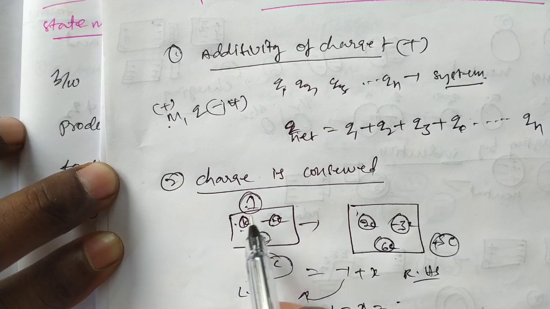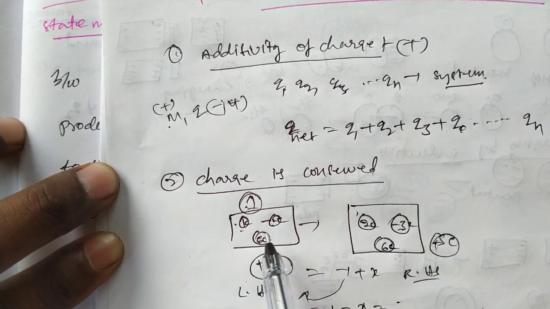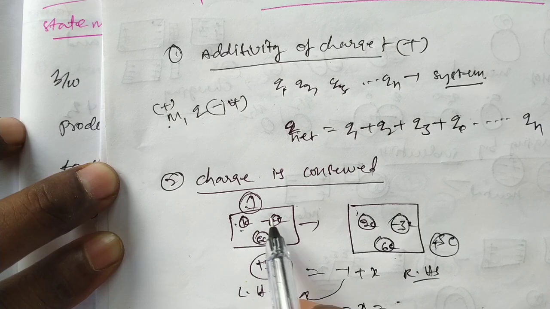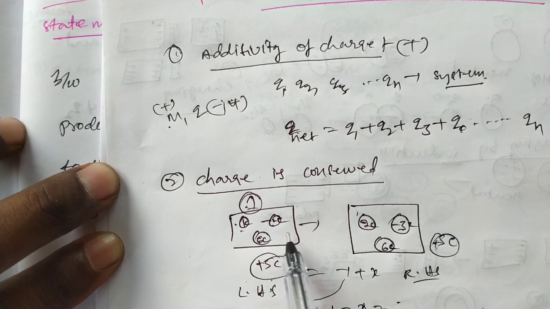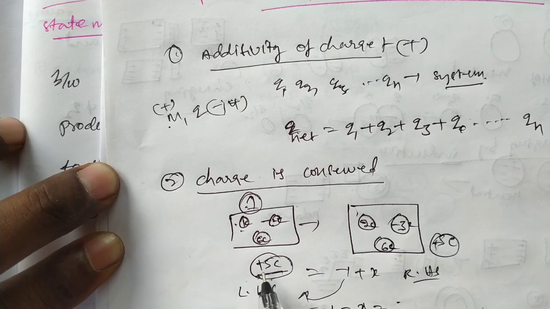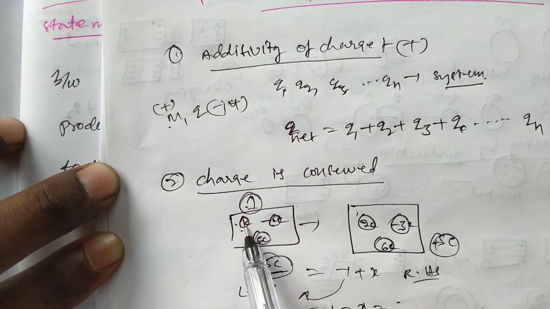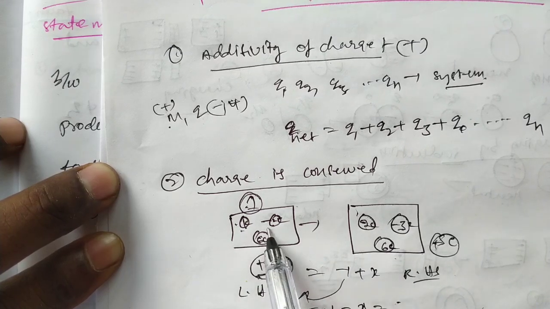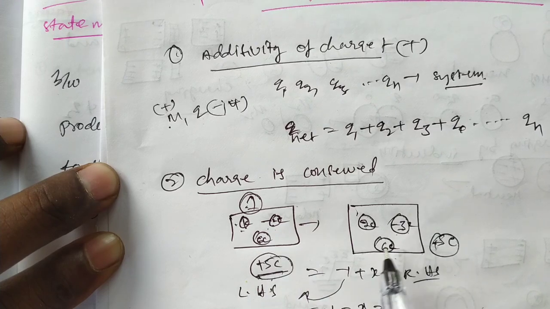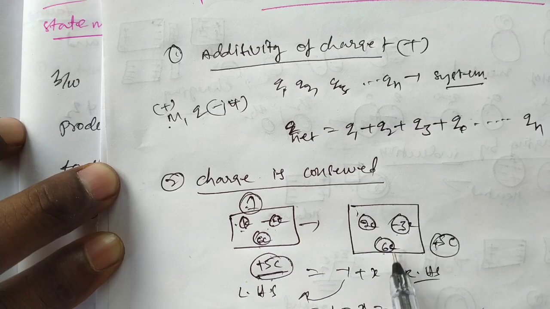The charges can be transferred from one place to another inside the body or system, but the total charge is conserved. Here 1 coulomb becomes 2 coulombs, minus 2 becomes minus 3, and 6 remains 6, but the net charge is conserved.